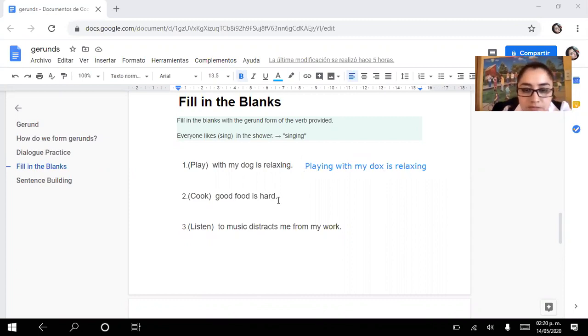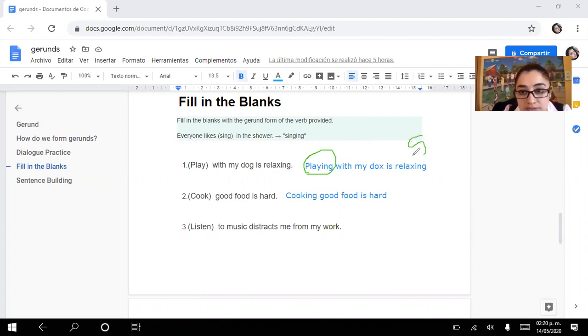Okay, as you can see, we add ing to the words that you have in brackets. Then cooking good food is hard. Okay, when we finish the sentences, we identify where we have the gerunds, like for example, playing, and you have to say again if the gerund in this case is used as a subject, object, or object of a preposition.